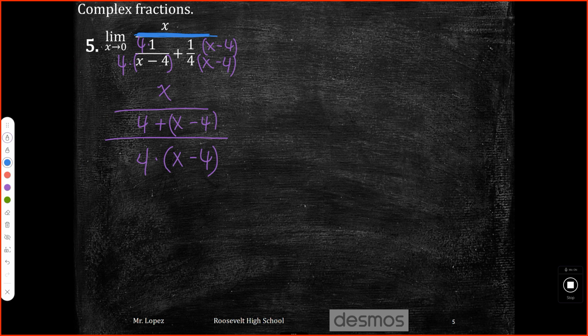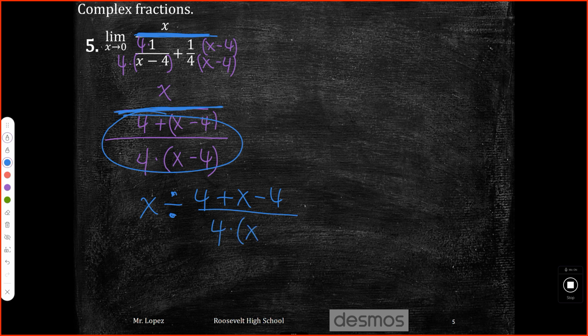So like I just said, this is the fraction here. So you got x divided by this. Let me write this down over here. 4 plus x minus 4 over 4 times x minus 4.